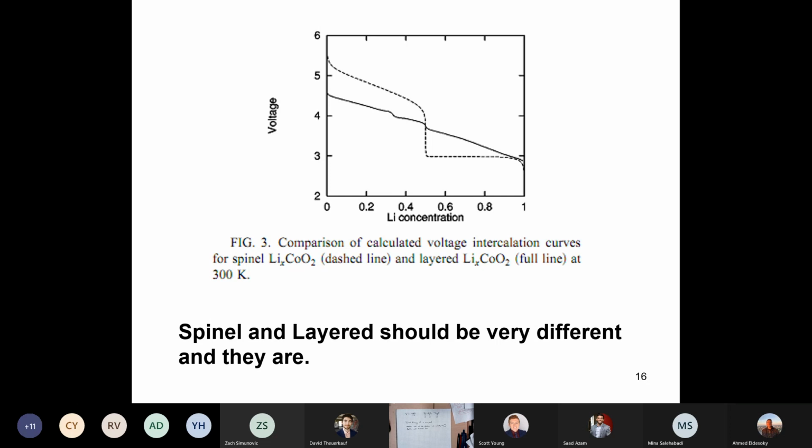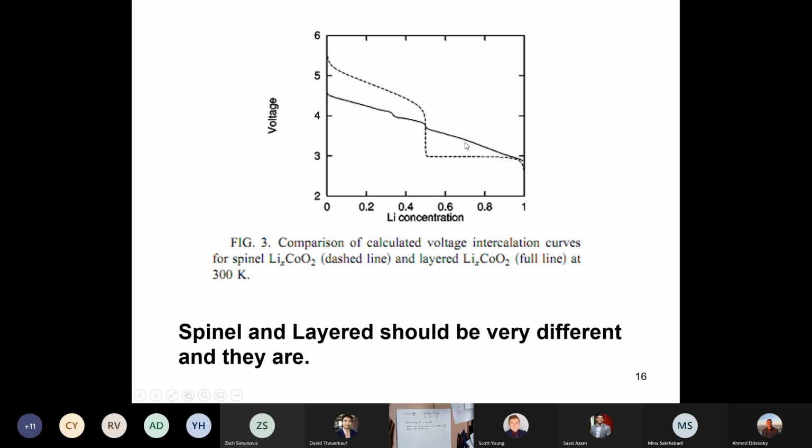So to get really accurate calculations of voltage curves, I would say is quite difficult. But if your goal is to say, is the voltage close to 4 volts or close to 2 volts? That's okay. You can learn that. And maybe you could say, is the voltage close to 4 volts or close to 3 volts, and be pretty confident of that too.